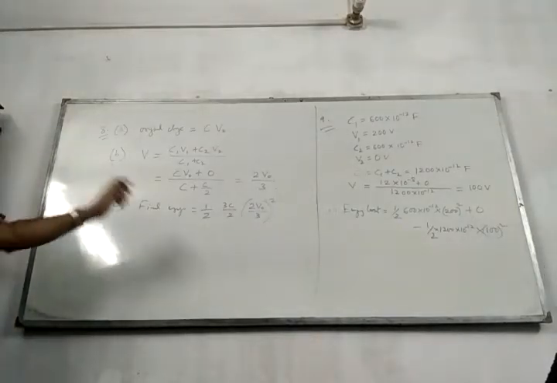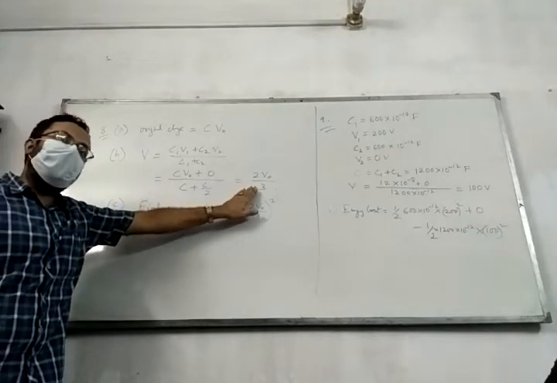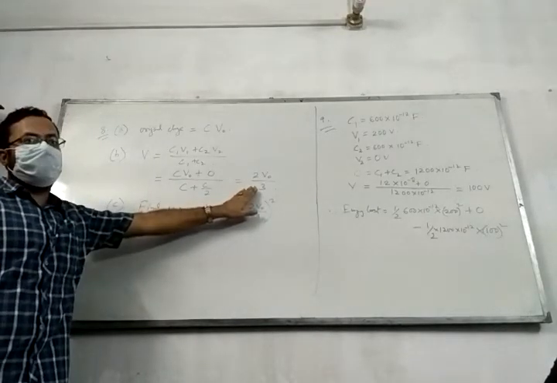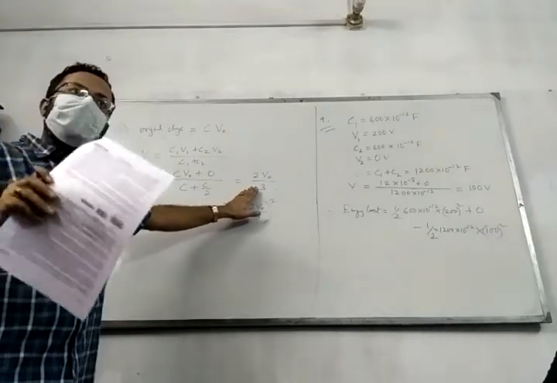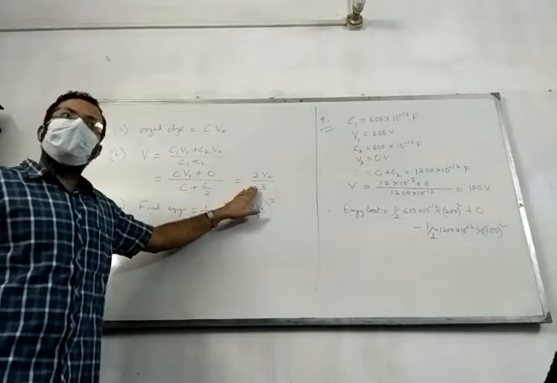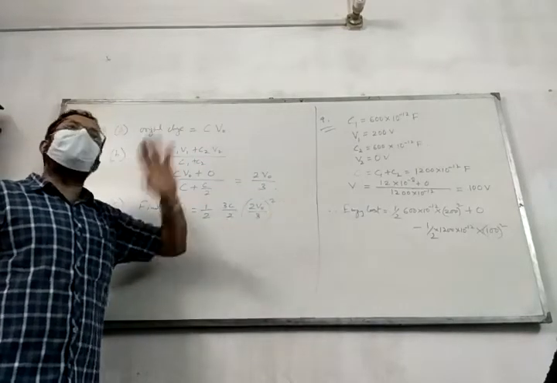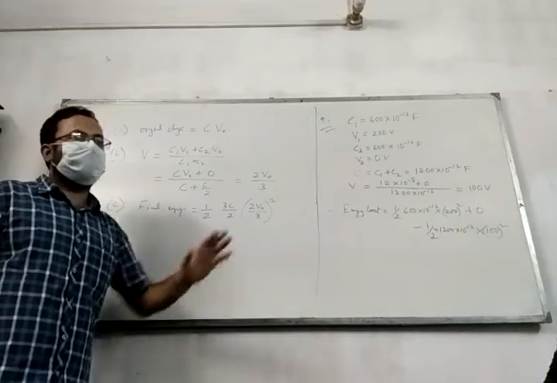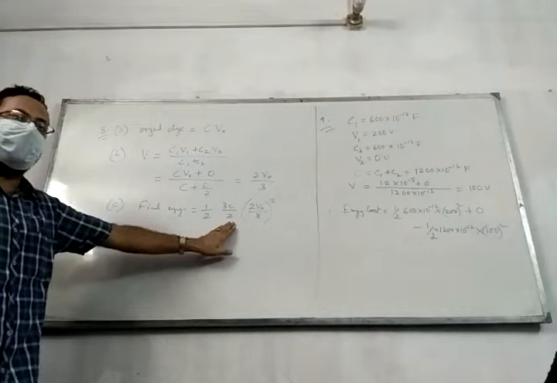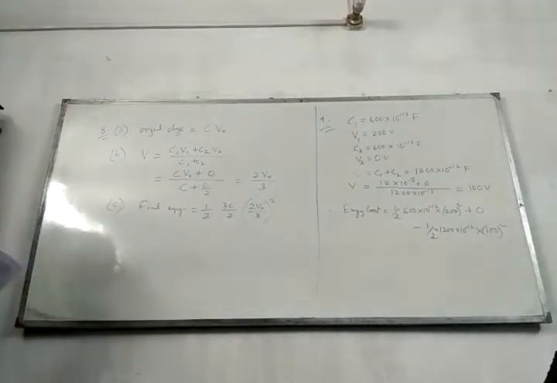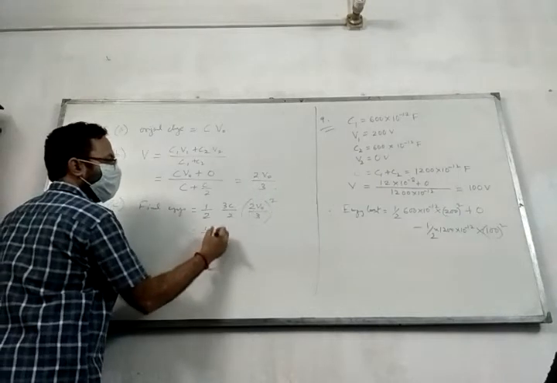Final energy টা হচ্ছে the total capacitance into the final voltage square. Last formula में हम लोग क्या किए थे? It is half into C into V square. C क्या था? The total capacitance of the capacitor and V was the final potential of the capacitance. So final energy is half 3C by 2 into 2 V naught by 3 whole square. Now you can evaluate it. Evaluate करने के लिए क्या आएगा?